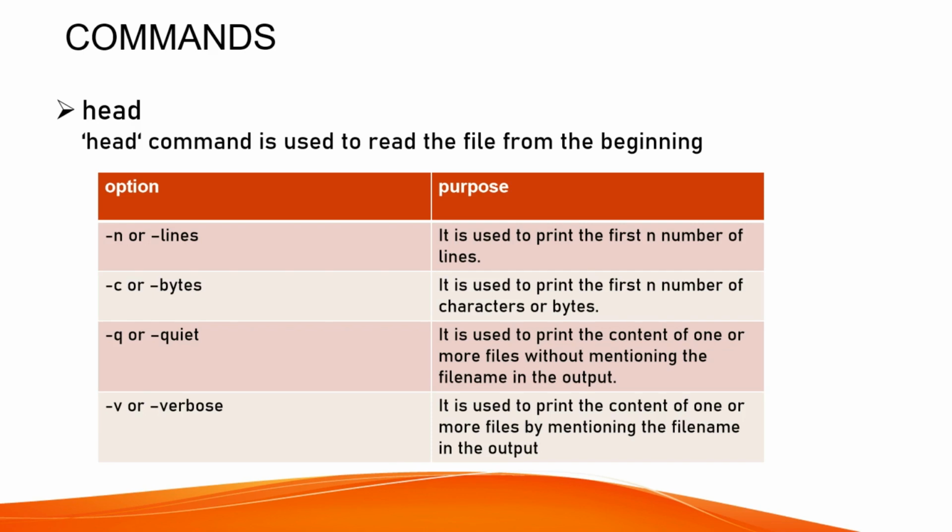We will go through this, don't worry. The last option is -v, or verbose. It prints the content of one or more files by mentioning the file name in the output. That's the difference between -q and -v.